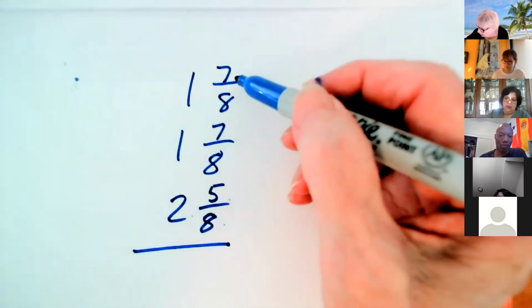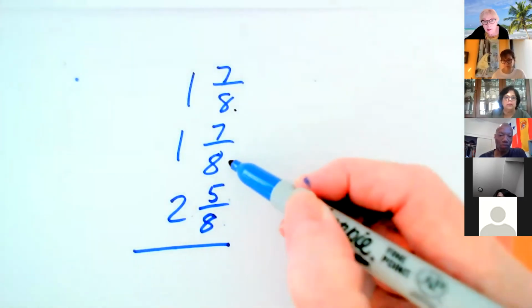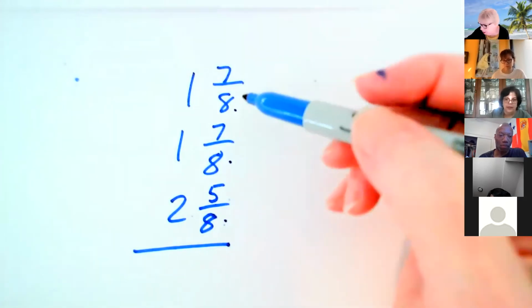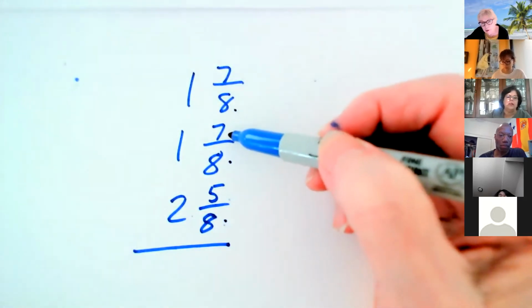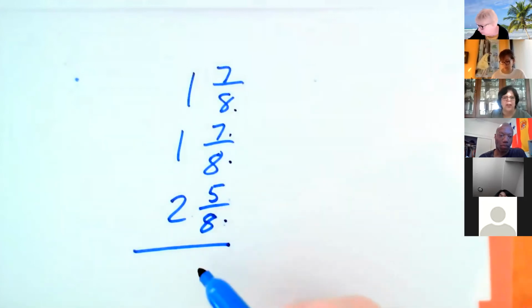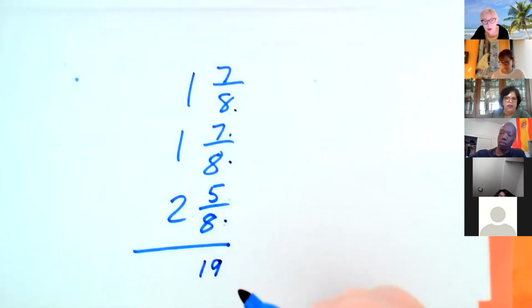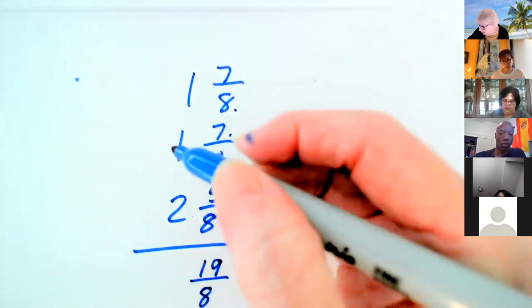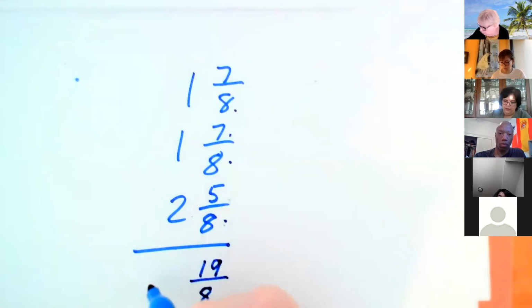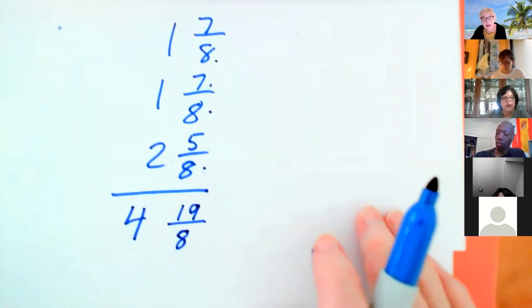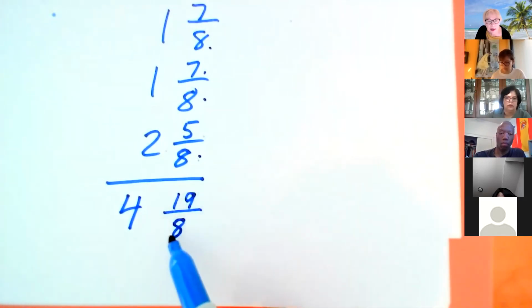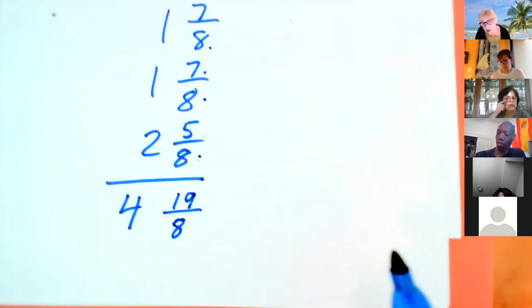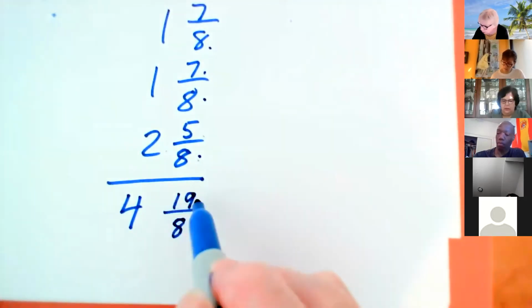And so they all have a common denominator, which is fortunate. So 7 and 7 is 14, and 5 is 19/8, and 2, 3, and 4. Now, this is not considered good form because this is improper, so what I need to do is sort this out.